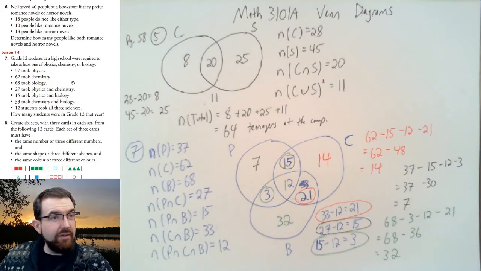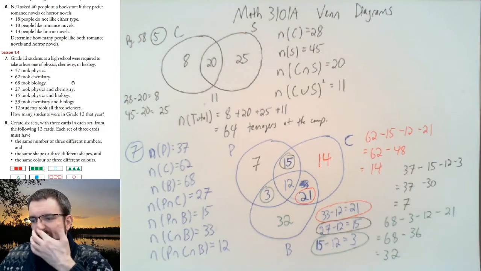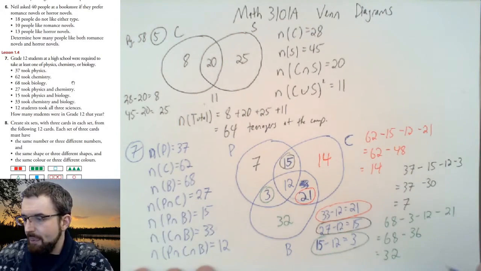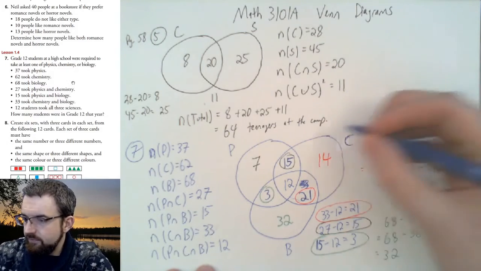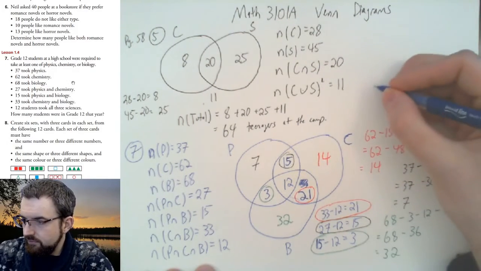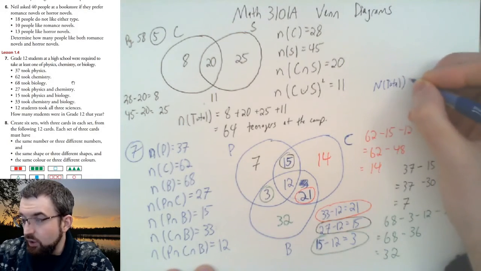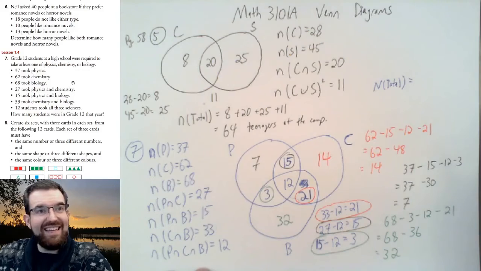So there we have it. And then how many students were in grade 12 this year? Okay, so now to get the total number, it's just going to be all of them added together, right?